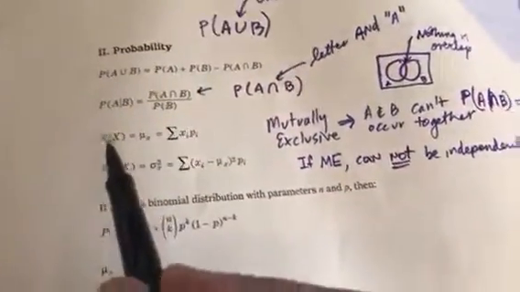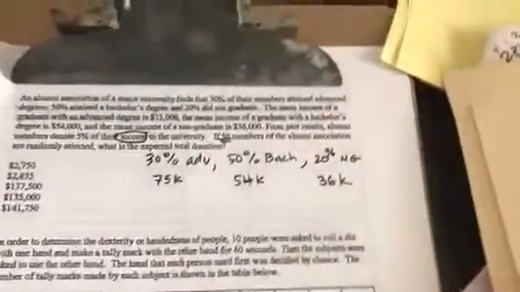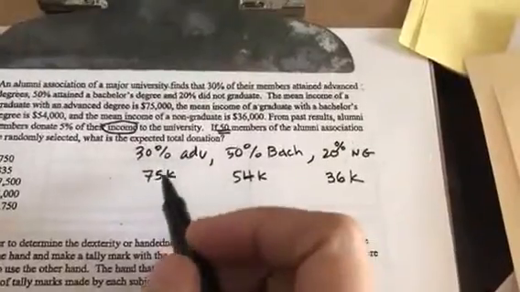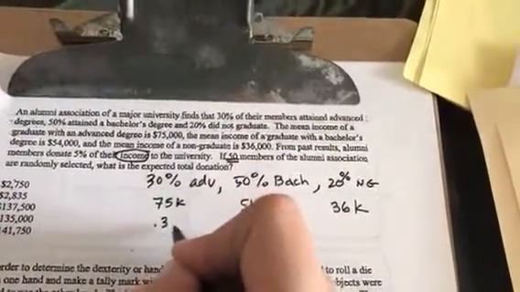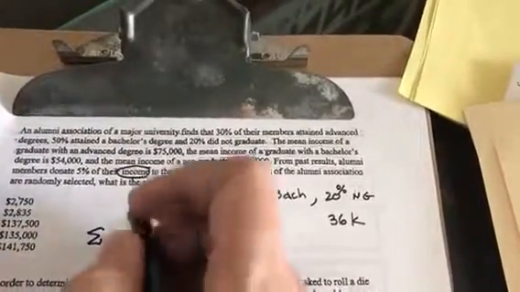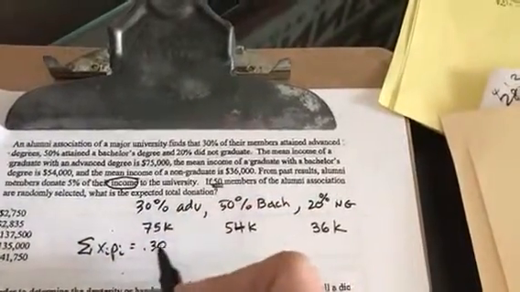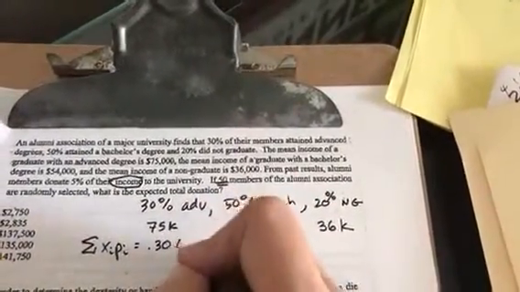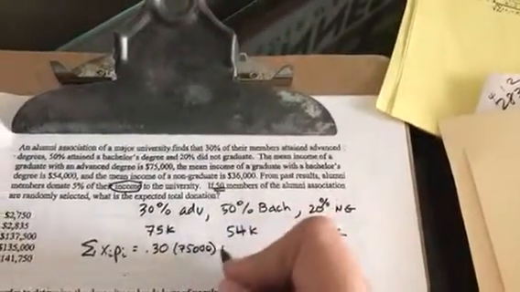So we say to ourselves, here's my formula sheet, and here's this expected value formula, the summation of x sub i p sub i. So the probability that you're advanced would be 0.30. The summation of x sub i p sub i would be the first x value, which is 75,000, times the probability that you're making 75,000.